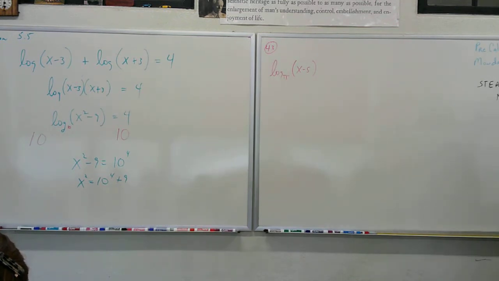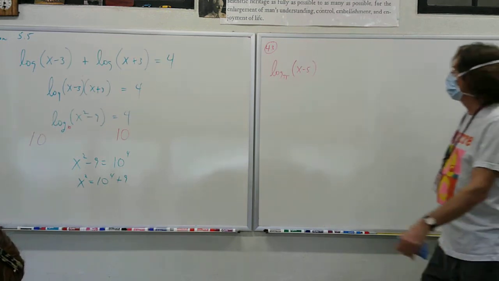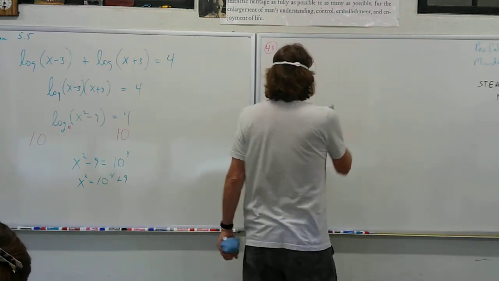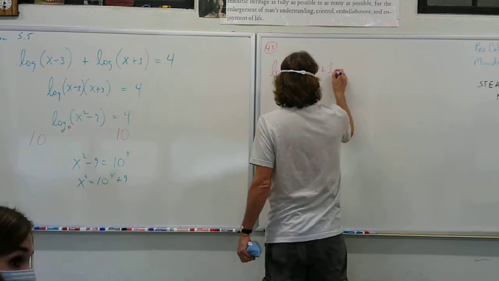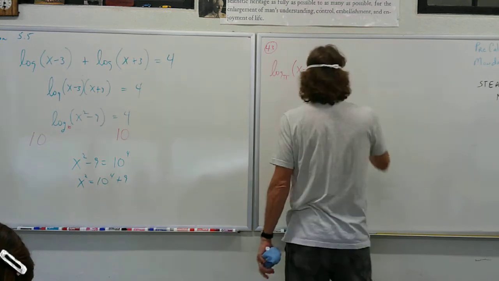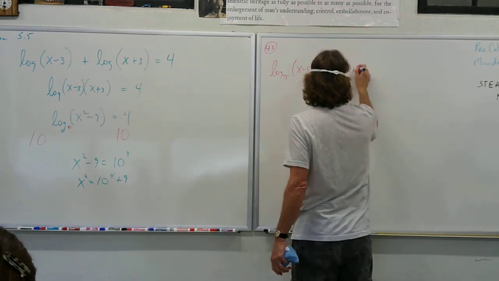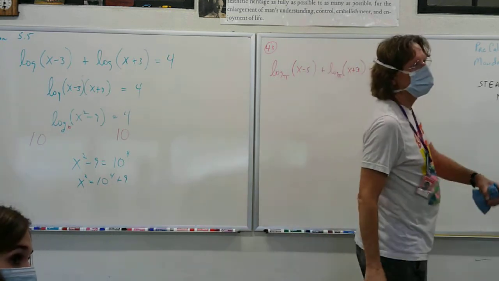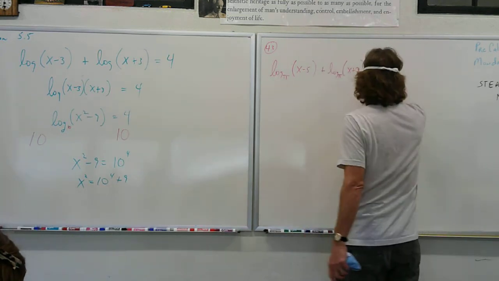And I can look at it in the book. So I can cheat and look at it in the book. It's a pi. Yeah. All right. Plus log base pi of x plus 3 equals log base pi of 1 minus 2x.